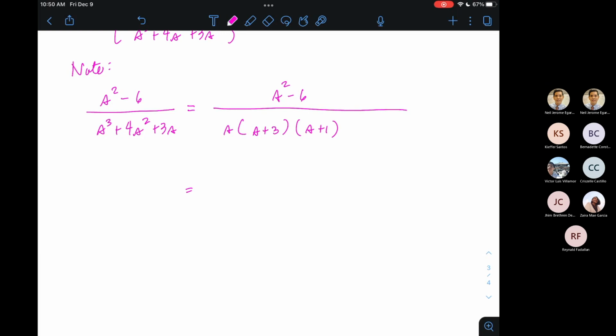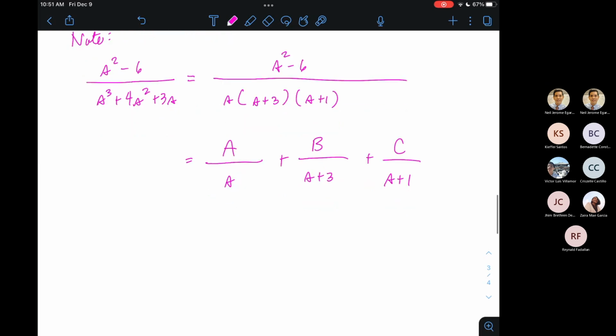magkaroon ako ng A over S plus B over S plus 3 plus C over S plus 1. Okay? Tapos we need to solve for the constants A, B, and C. So in this case, ano yung mangyayari?